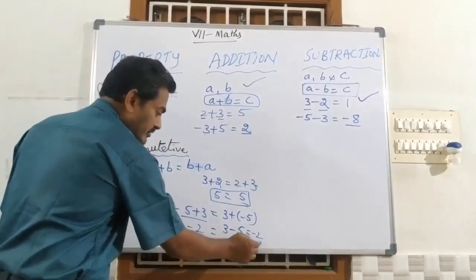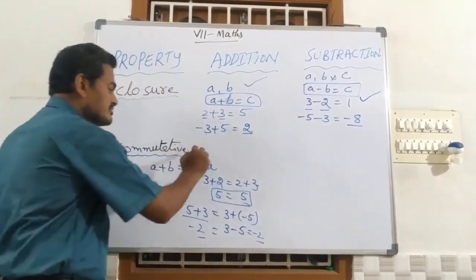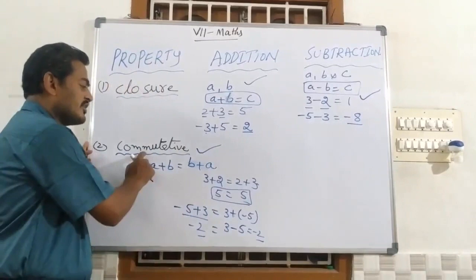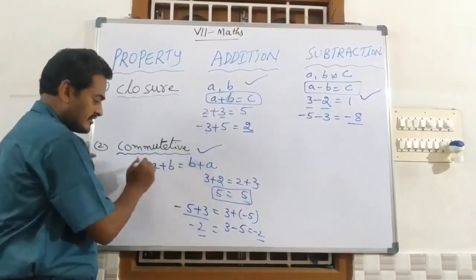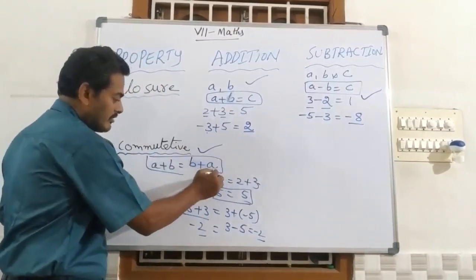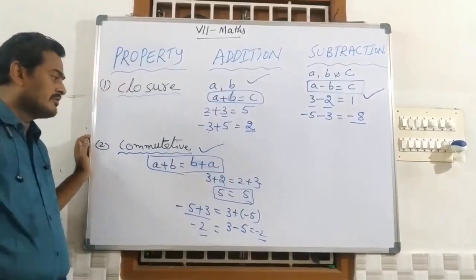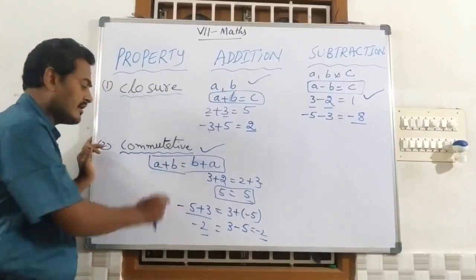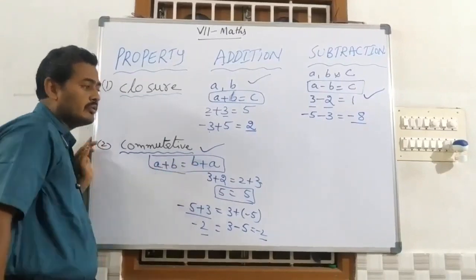So minus 2 equals minus 2. So this property also holds good in commutative property under addition. So what is the basic rule for commutative property? A plus B equals B plus A, and A and B are any two integers.